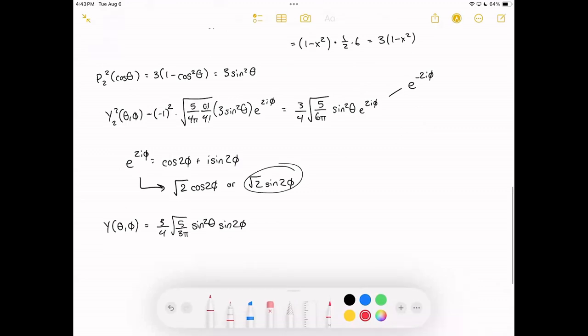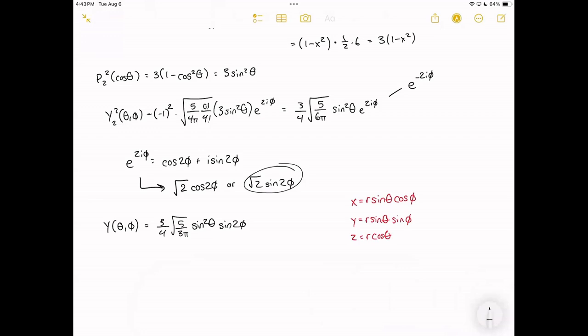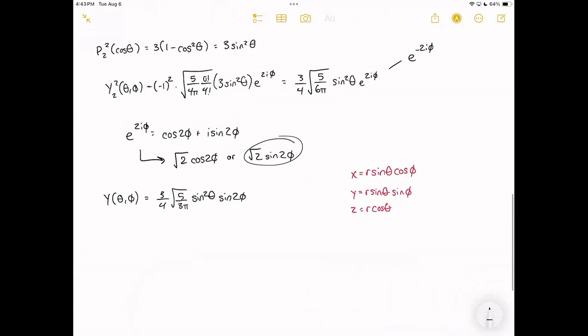So to convert from our spherical coordinates into Cartesian, we can use the equations x equals r sine theta cosine phi, y equals r sine theta sine phi, and z equals r cosine theta. So if I had a function that looked like this, I could simplify it into xy, xz, whatever I have. And so I'm going to use this functional form here to do that.